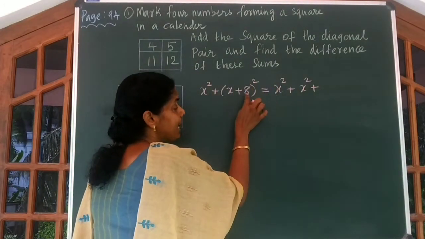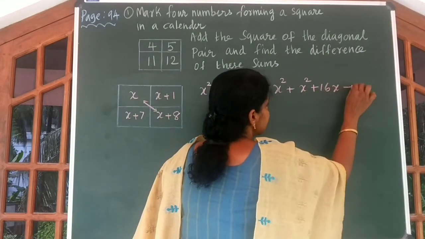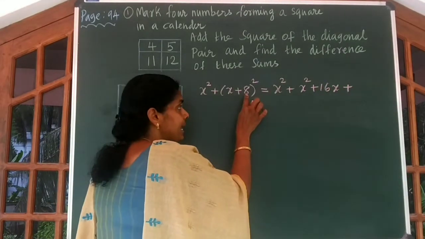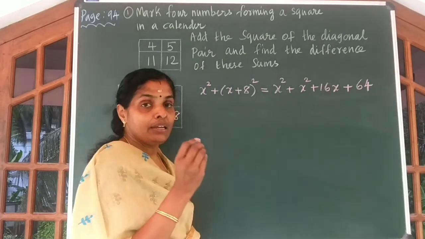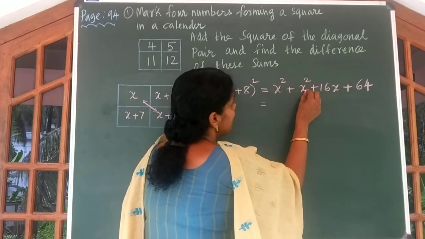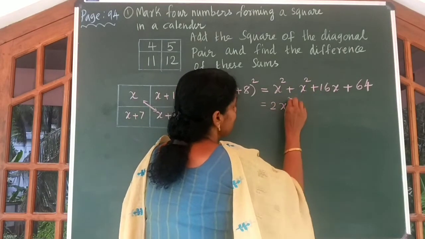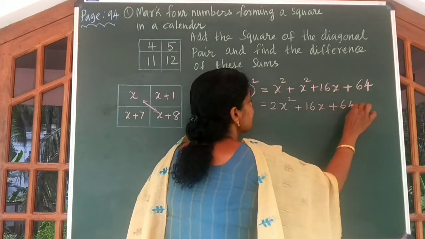That is 2 8s are 16. 16 into x gives you 16x. 8 square value gives you 64. We can write one more step. This is equal to x square plus x square gives you 2x square plus 16x plus 64.